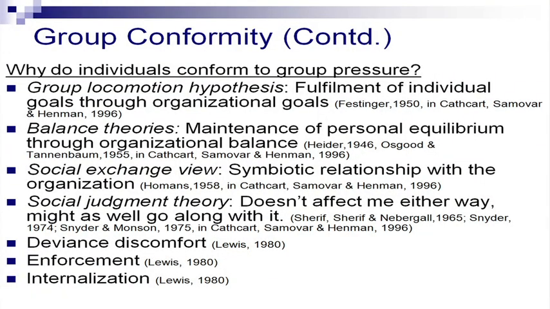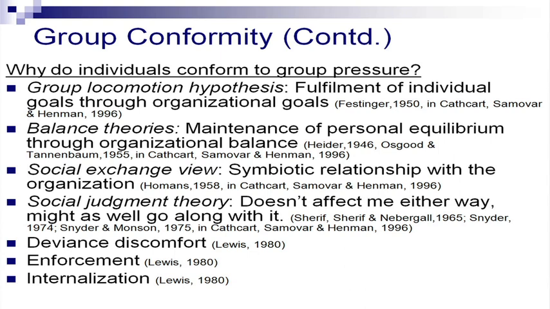And the whole crux of this theory is that since everything is going in one direction, it doesn't affect me, it's not going to disturb me, I will be neutral, so big deal, why should I not go along with it? That's the social judgment theory, and that's why I may yield to group pressure.